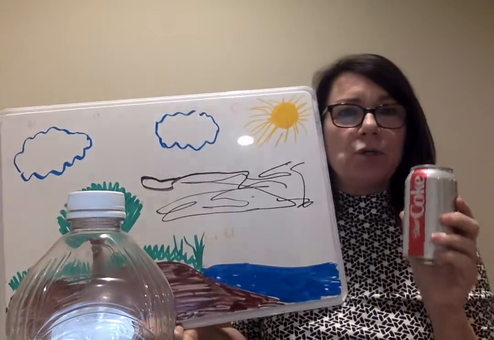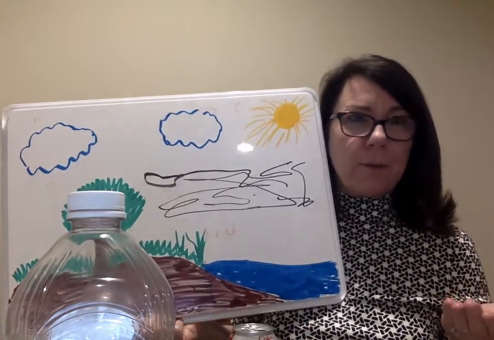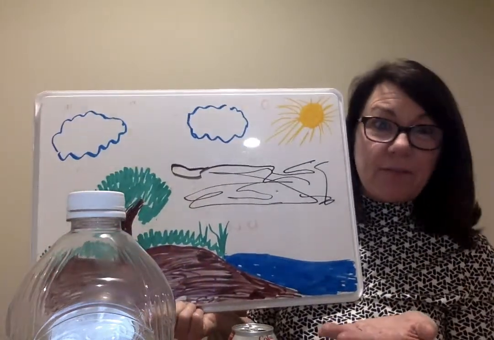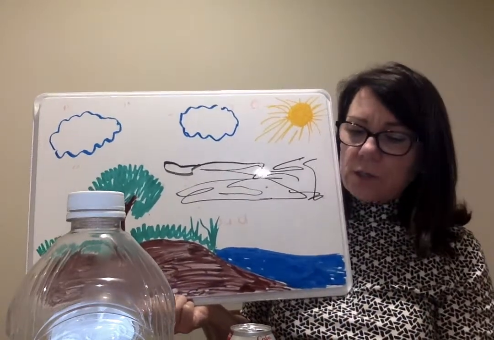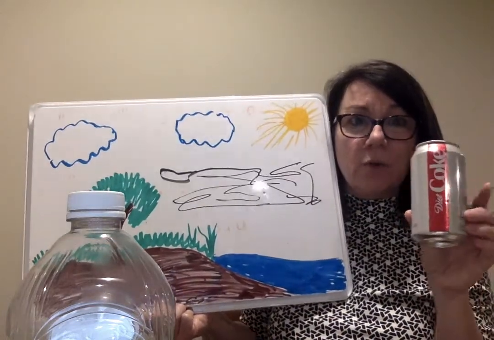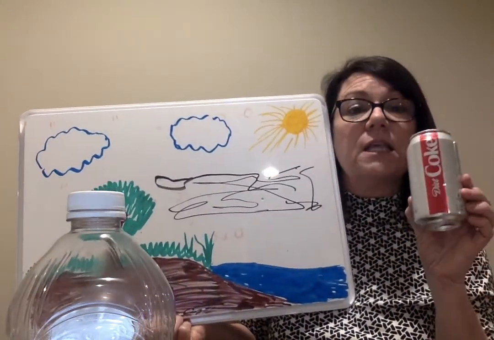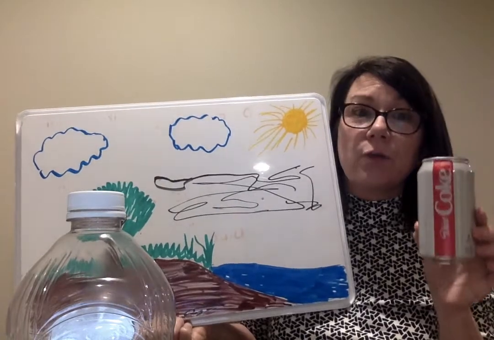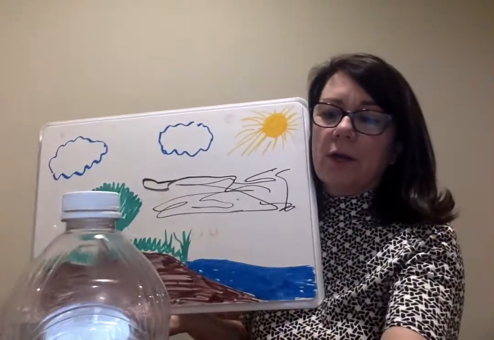But even when we put trash in a trash can and wrap it up in a bag, we send it to a landfill and it's sitting there polluting our land anyway. So you'll notice this is made out of aluminum. It's recyclable. So we could recycle this, and that means that it could be reused to make another material, and it wouldn't be put in our land and pollute our land.